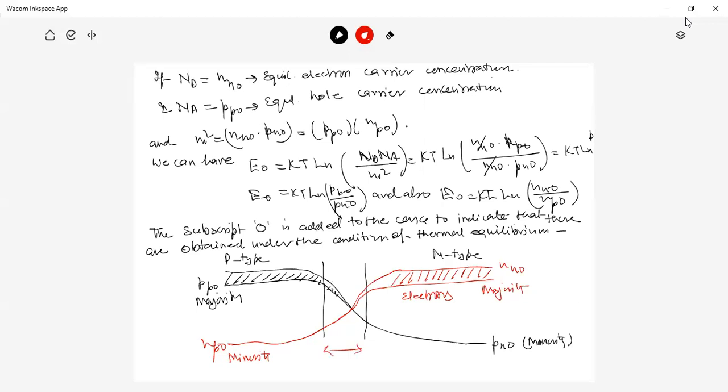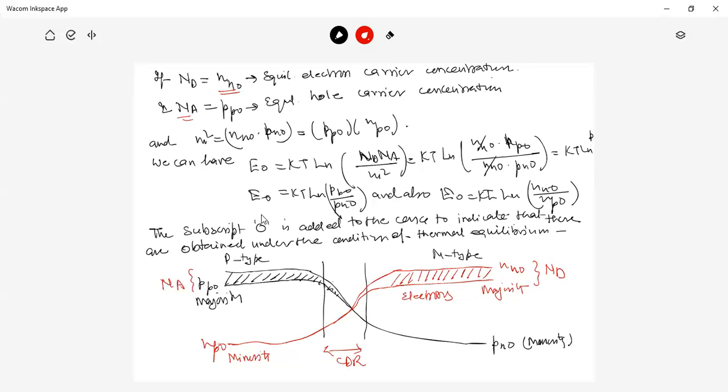And this particular region is the CDR. So what we take, this is NN0, the equilibrium electron concentration, that is ND here. This is the hole carrier concentration, that is NA.